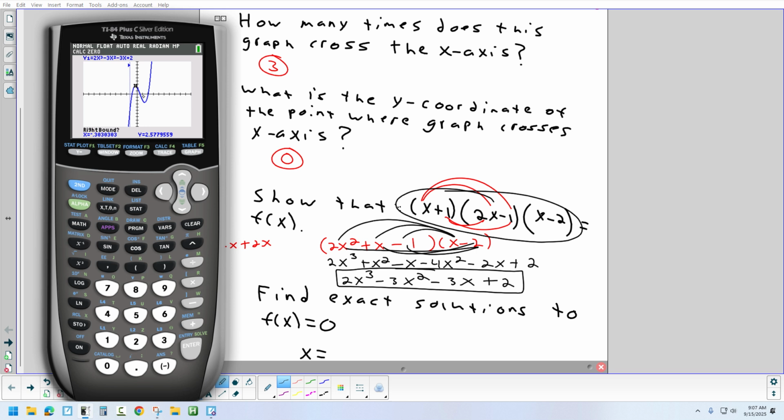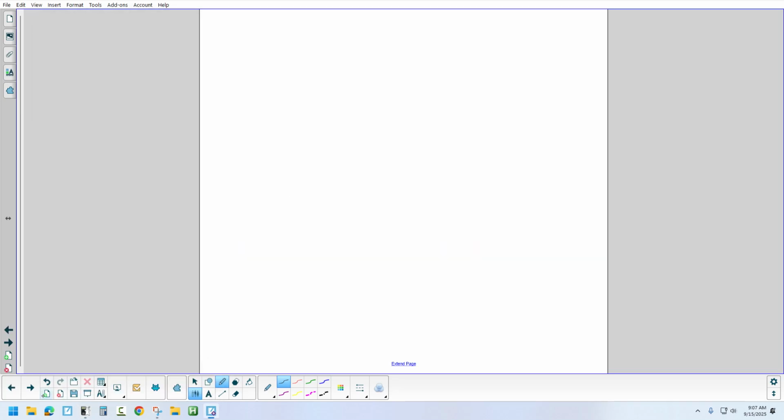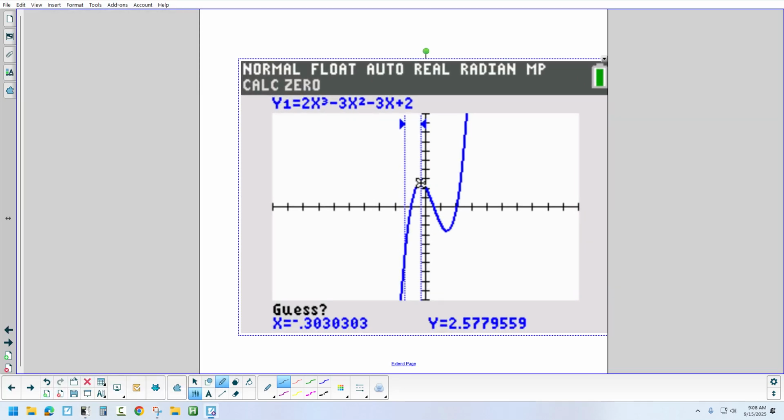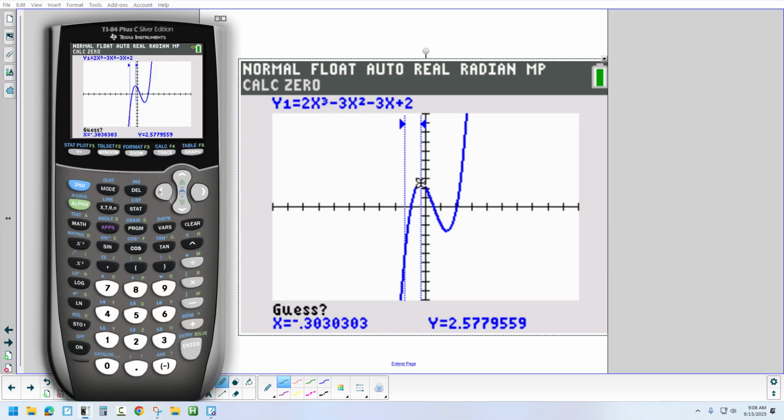I just want to go far enough to make sure when I hit enter that now I've got these boundary lines that are putting kind of almost like a little column that the calculator is going to look in for where it crosses. Okay. And now the last thing is the guess, which doesn't really matter because the way I set up my boundary lines to make sure there's only one answer that it's going to find.